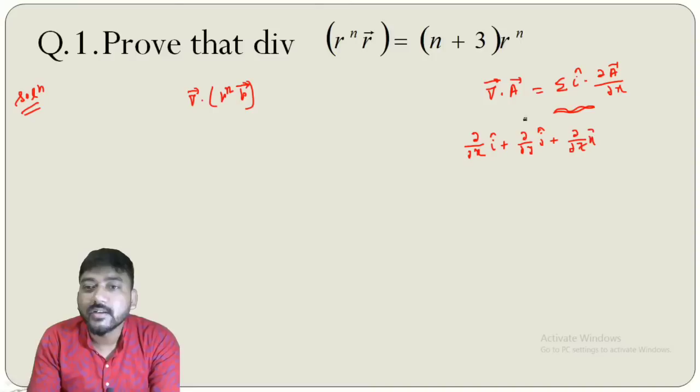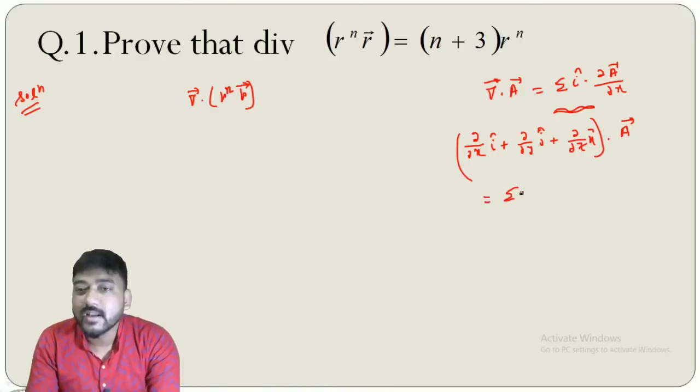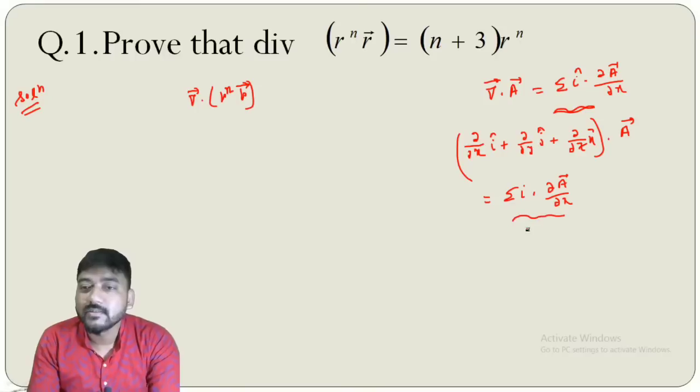So this is the del operator in a dot product with a vector. It means i dot del A del x plus j dot del A del y plus k dot del A del z, but you can write it with one component only.